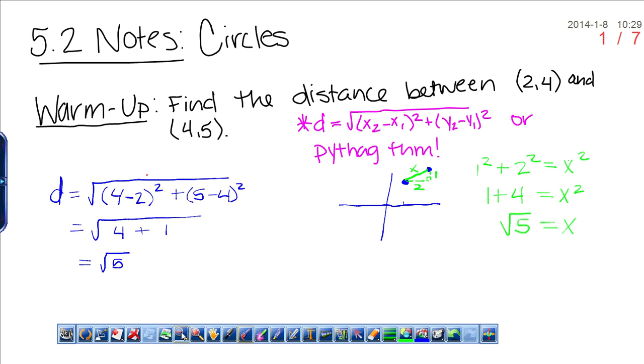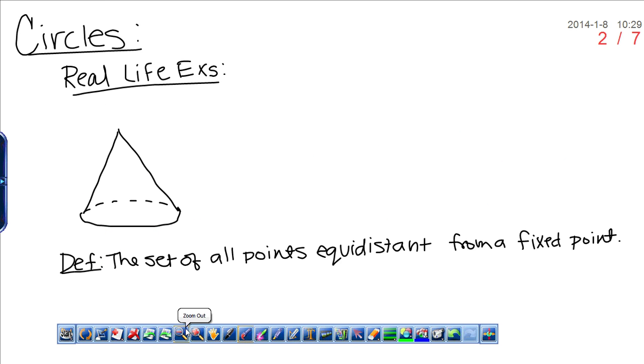Okay? All right, so today we are diving into circles. If you do not already have out your yellow formula, or not formula chart, but what's it called? The chart for all the different conic sections. We're going to add the formal definition in just a minute. What were some of the real life examples that we came up with for a circle?